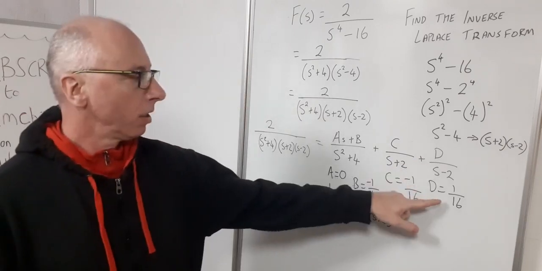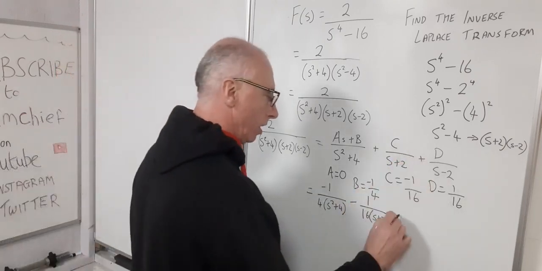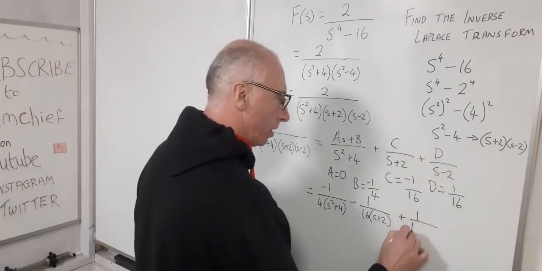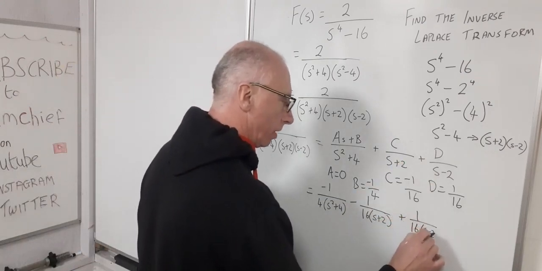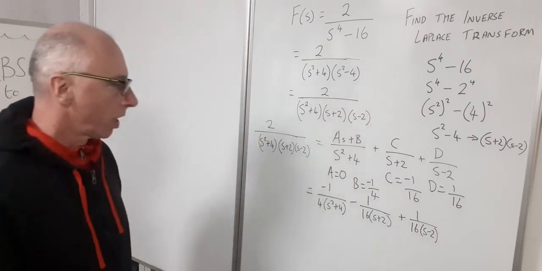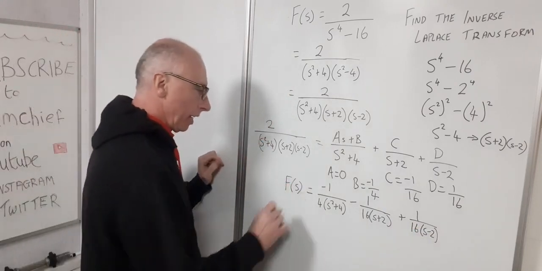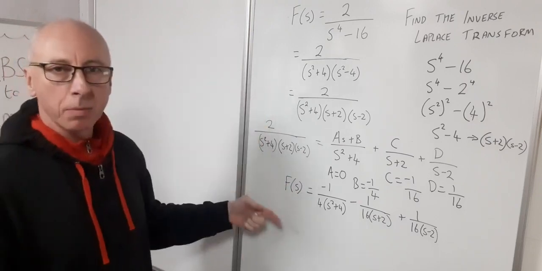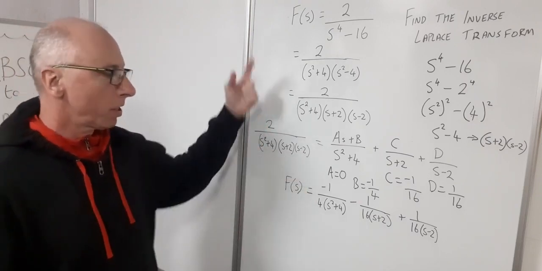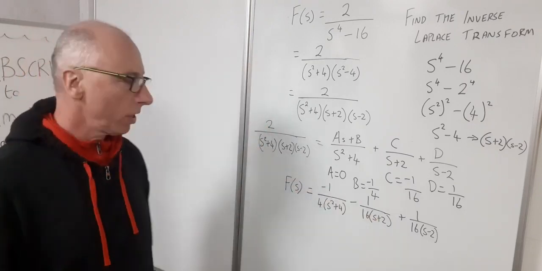And then we add 1 over 16 for the D, so 1 over 16 times s minus 2. Okay, so that's our F of s. Right, let's make some space on the board, put this up at the top, and continue with our inverse Laplace transform.